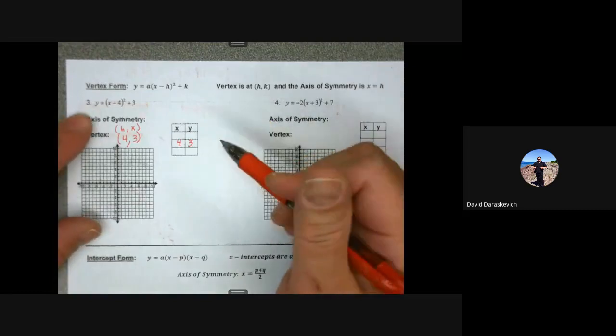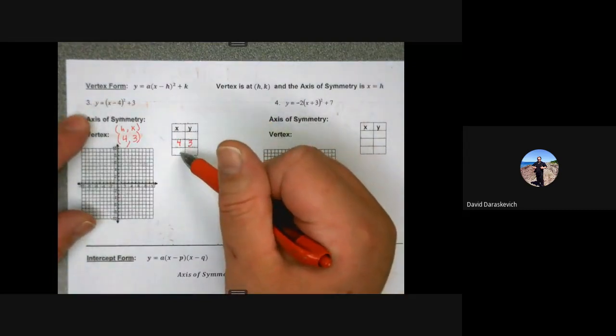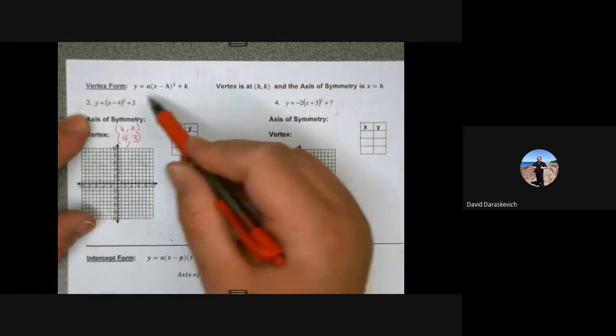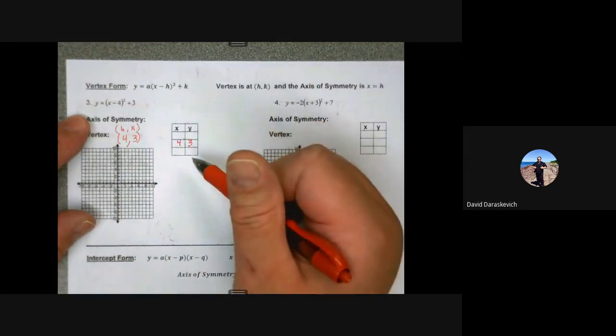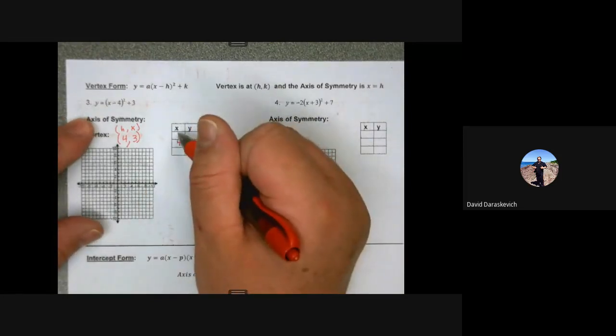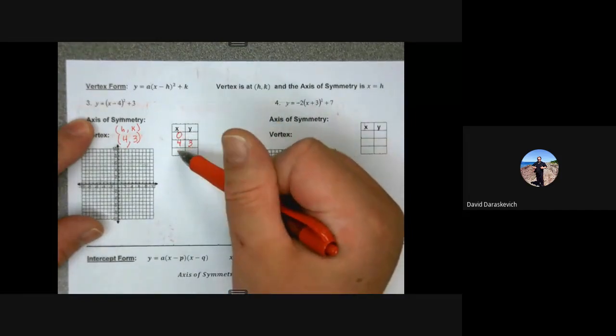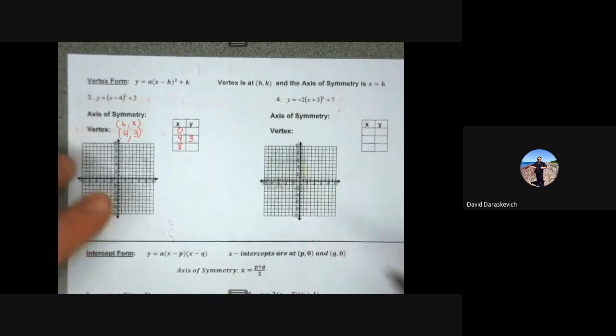Now, you could choose 3 and 5 and figure this out. I'm going to try using, just to be different, 0. So that's 4 less. So I got to go 4 more. So I'm going to use 8. 0 and 8.